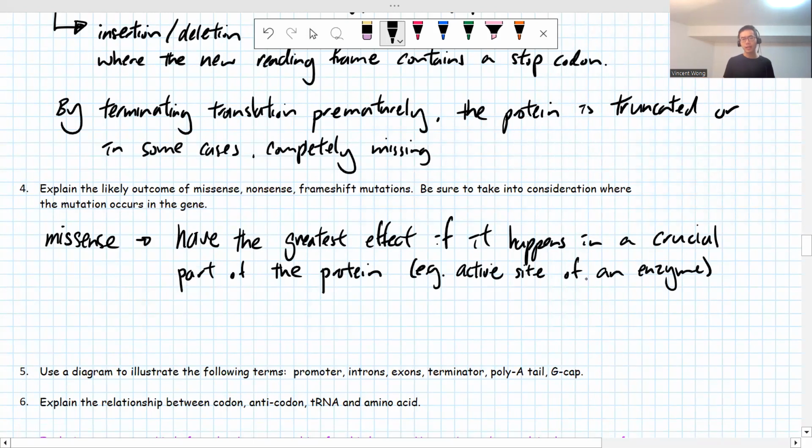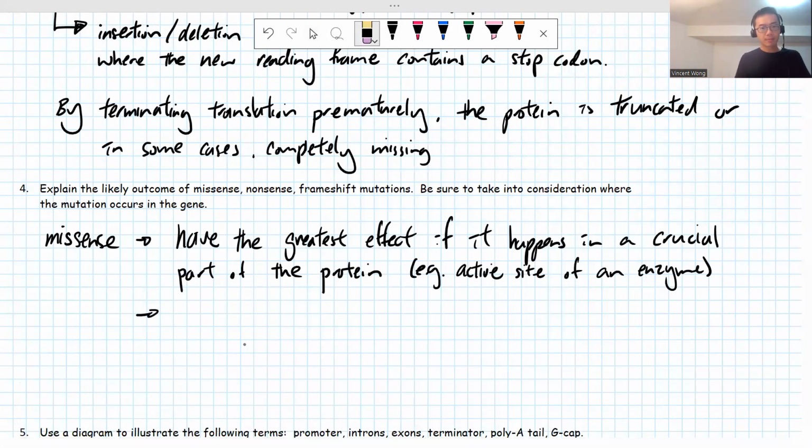It depends where it happens. If you do the missense in the active site of the enzyme, you will change the shape of the active site, and then the enzyme might become non-functional.